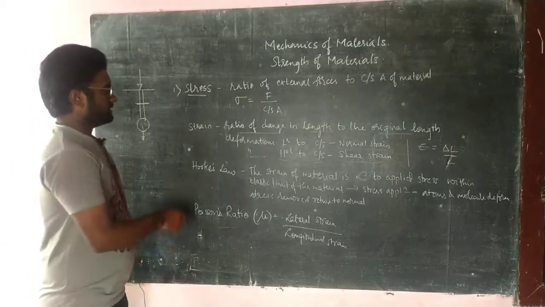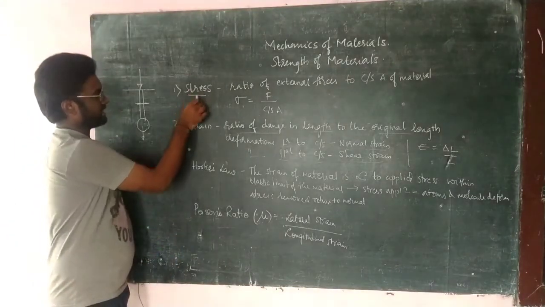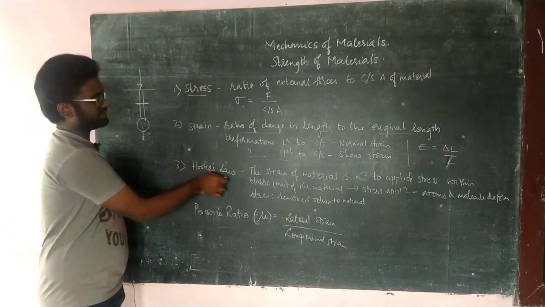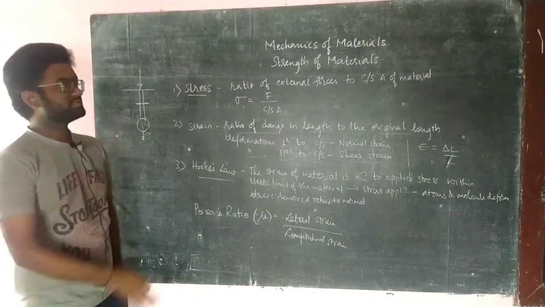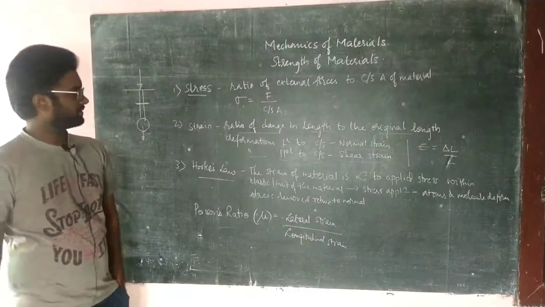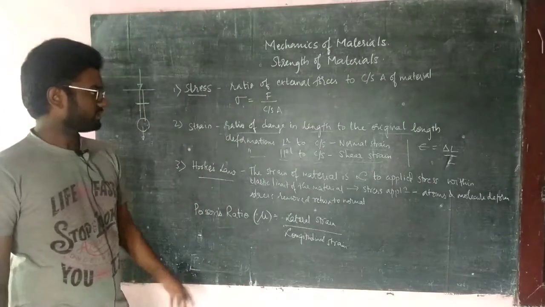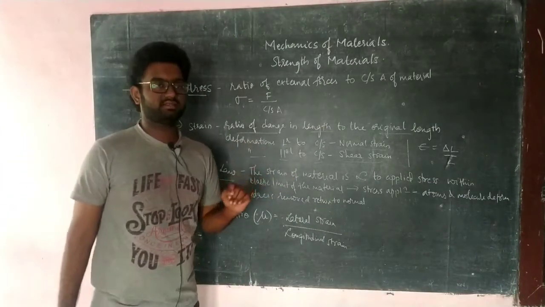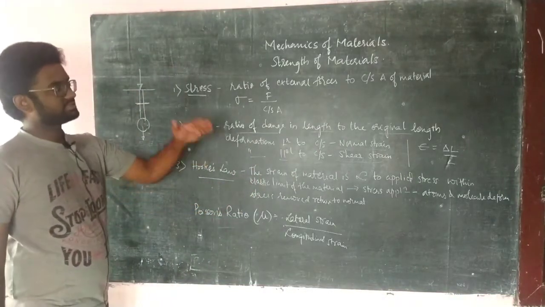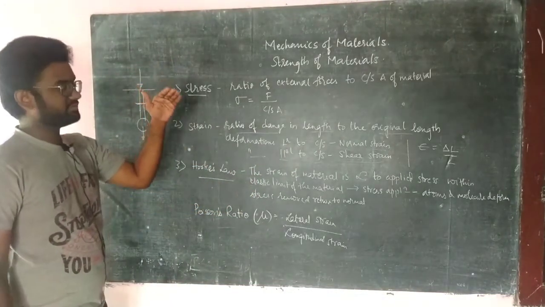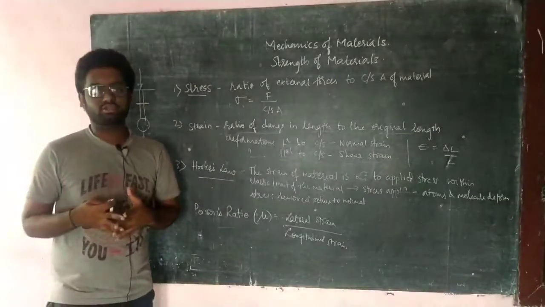Discussing stress and strain, here comes the third one, that is Hooke's law. What is the statement given by Hooke? The strain of the material is directly proportional to the applied stress, within the elastic limit of the material. There is a certain elastic limit of the material beyond which the deformations cannot be recovered.